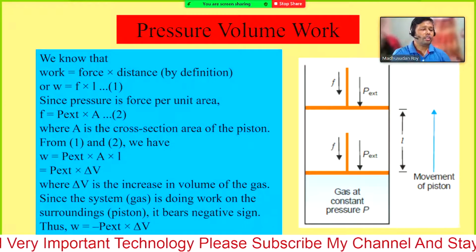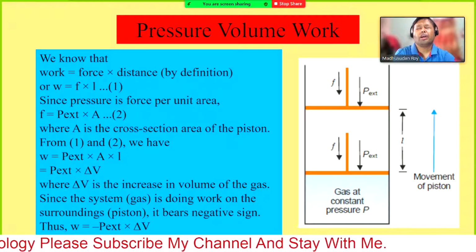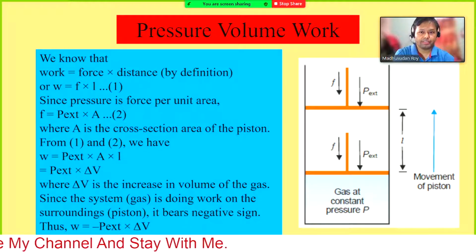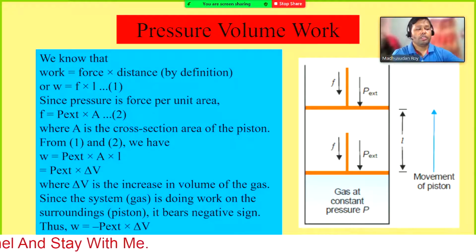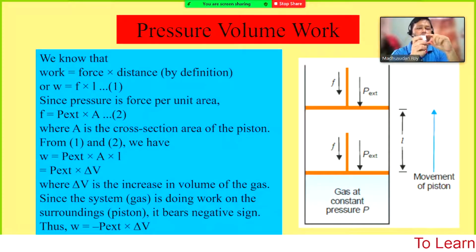What is the formula for the volume of the cylinder? Just pi r square L. So the cross section is pi r square and L is the distance or length.